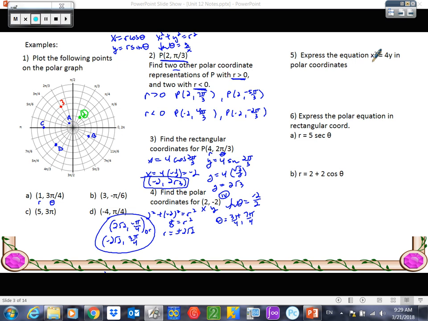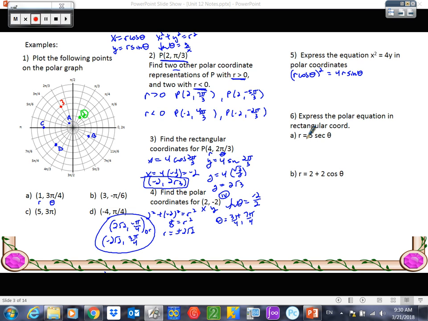So this x squared becomes r cosine squared, since I'm substituting this formula in for x. And then 4 times r sine theta. Okay, so that's the easy part of this type. The harder part is to get it to look right.